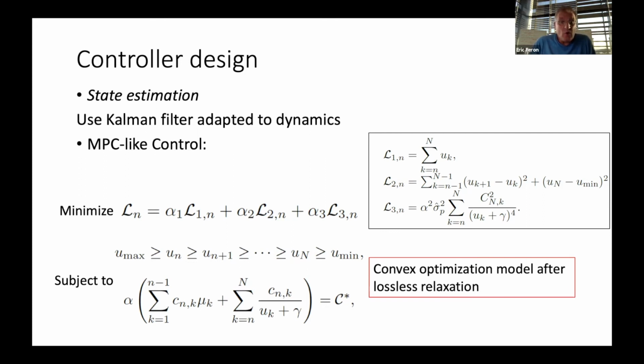And once these objectives are added up and all the constraints are included, including the no overhang constraint on the one hand, and then perhaps the most important constraint, which is that in the end, we should have a beam whose compliance is the one that is being asked for, we can solve the corresponding optimization problem.